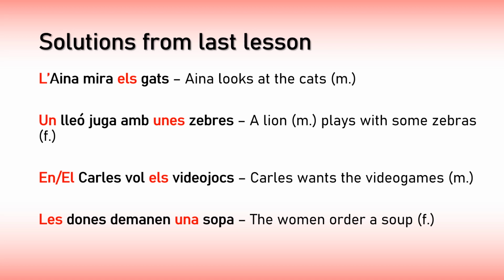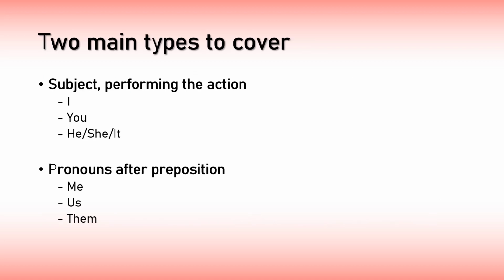That's it. So now let's start with the lesson. So we have two main types of pronouns to cover. The first type is the subject. So just like in English, you need pronouns to define which is the subject, who is conducting the action, who's performing that action.